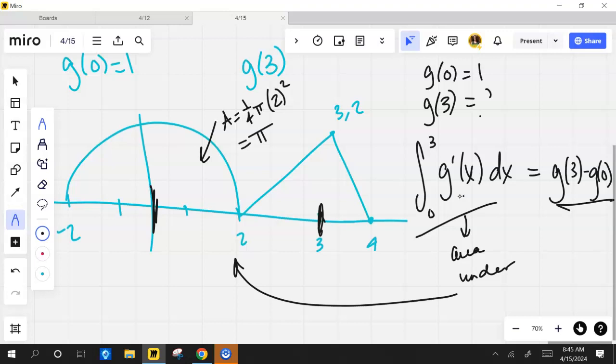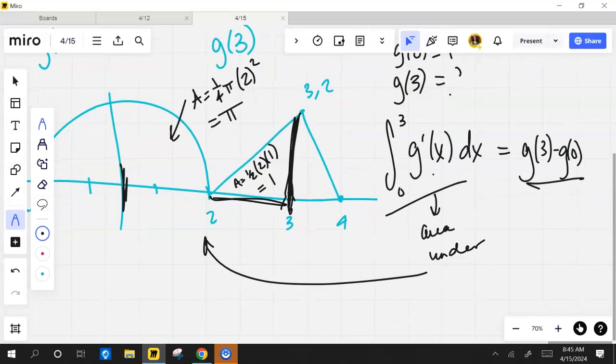And this is a triangle, 1 and 2, 1/2 times 1, which is 1. So this integral should equal, now remember they didn't ask me for this integral, they asked me for g of 3. So that integral should equal pi plus 1.